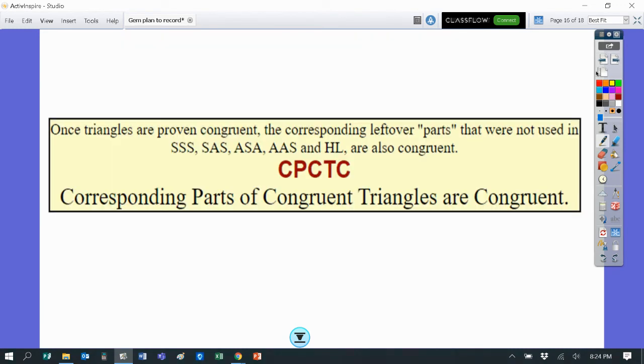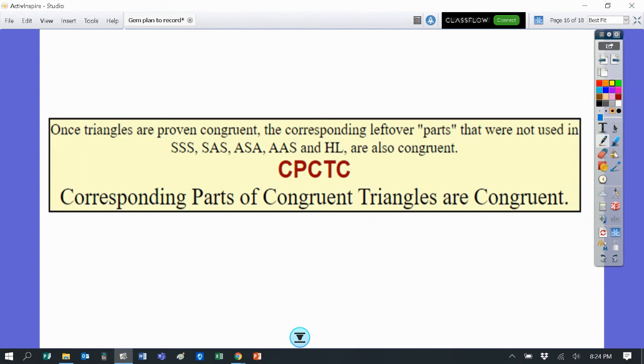So this one is important. This is new. Once you have proven all your parts are congruent in your triangle, say you proved a triangle is congruent by side, side, side, but you were trying to prove that a certain angle is congruent, you can now say that that angle is congruent by this: CPCTC, corresponding parts of congruent triangles are congruent.